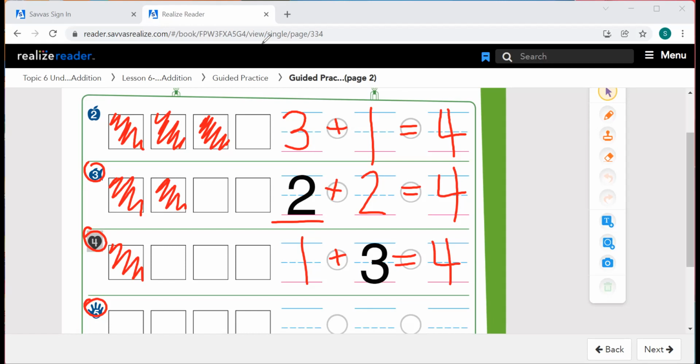How many boxes are you going to color in? 0. You're not going to color in any boxes. So 0 colored in boxes, plus how many boxes did we not color in? 4, and that equals 4.